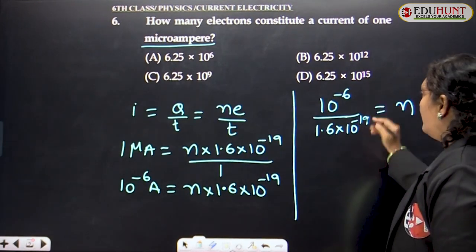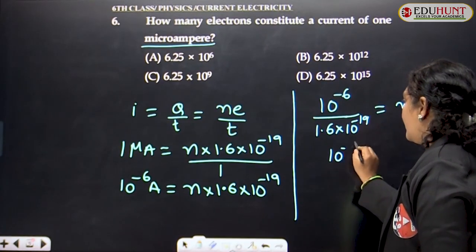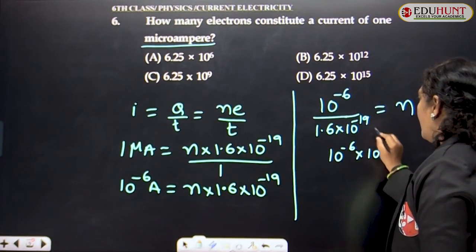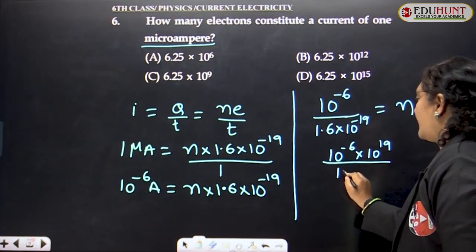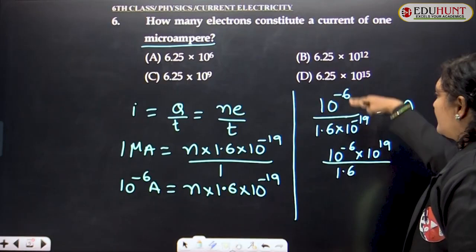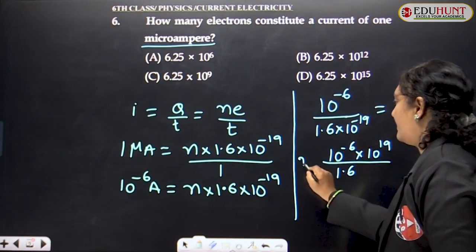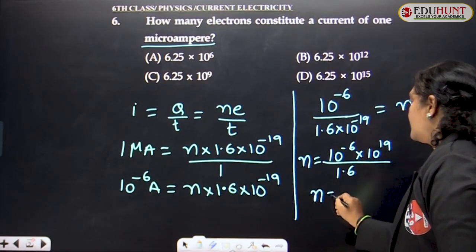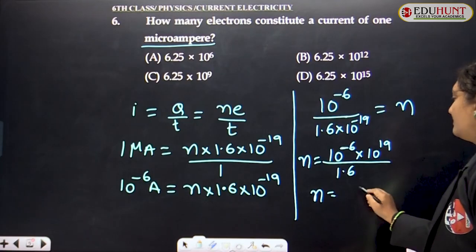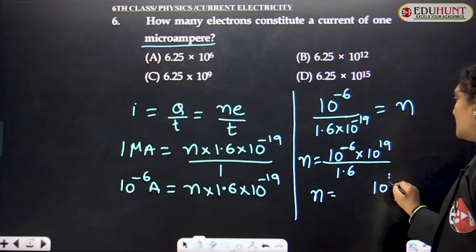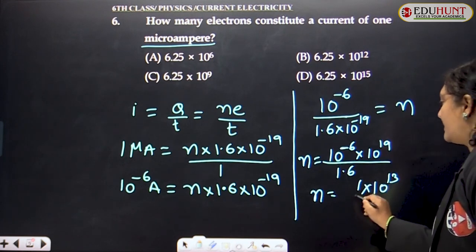Bringing this to the other side, 10 power minus 6 into 10 power plus 19, because the minus 19 goes up and becomes plus 19, upon 1.6 is the value of your n. Hence, minus 6 and plus 19 become 13.